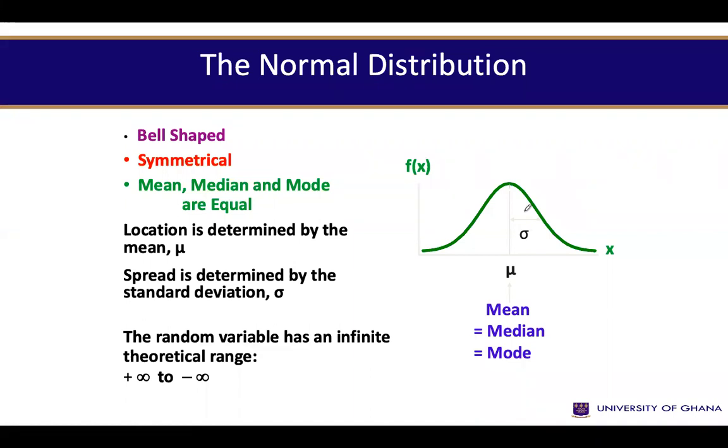Now, for any normally distributed random variable, the values range from negative infinity up to positive infinity. And as we said, most of the phenomena in life can be modeled using the normal distribution.